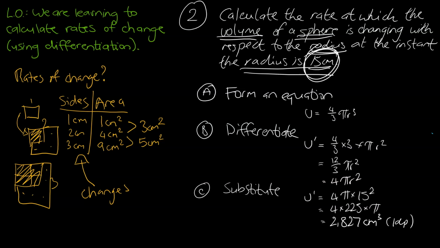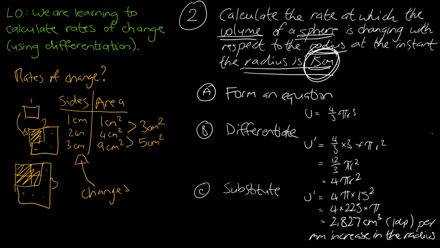And just noting, that's the change of the volume, so we need to be a bit more detailed. That is 2,827 centimeters cubed per centimeter increase in the radius. And that there would wrap up and finish off your answer.